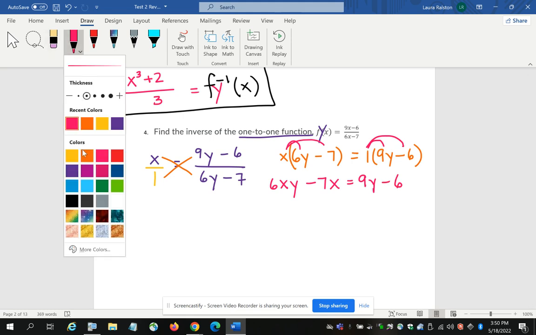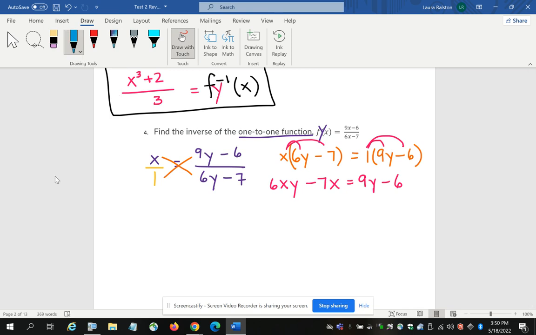Again, keeping in mind your goal is to isolate the y, so I need to get all the y's together and everything else on the other side. So I'm going to add 7x to both sides, so I have 6xy equals 7x plus 9y minus 6.